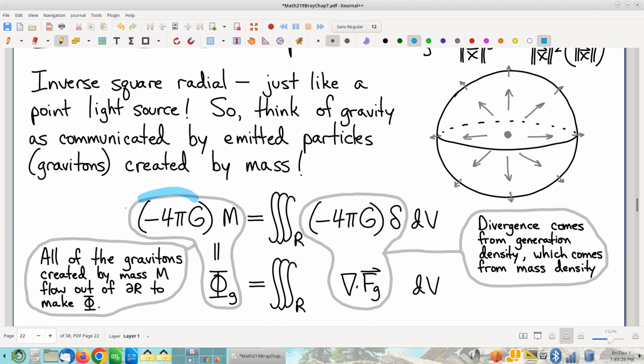What's going on with this equation? This is where I'm going to lean heavily on this graviton metaphor. So if I have a piece of mass, and if mass shoots out little gravitons in the same way that light bulbs shoot out photons, and if I ask the question, okay, all these gravitons being shot out here, how many of them will actually count as flux through this surface?